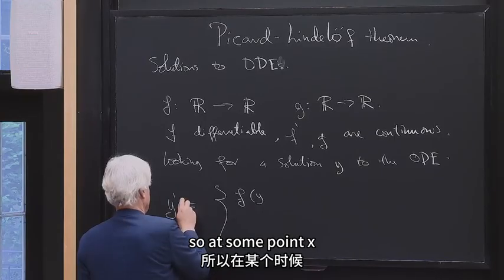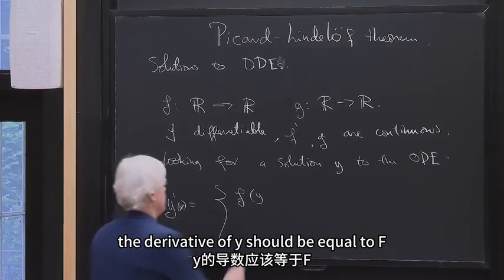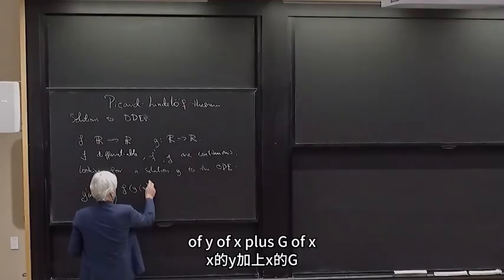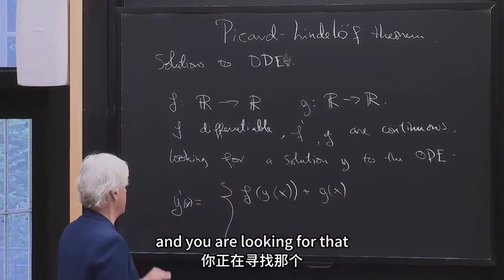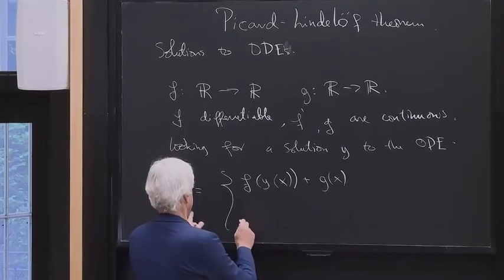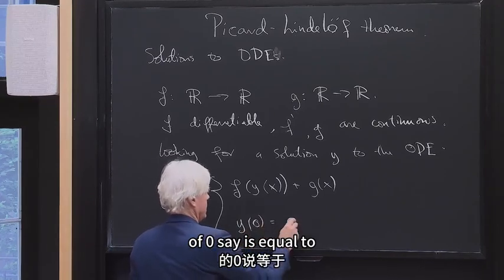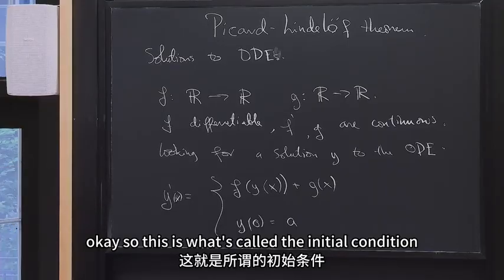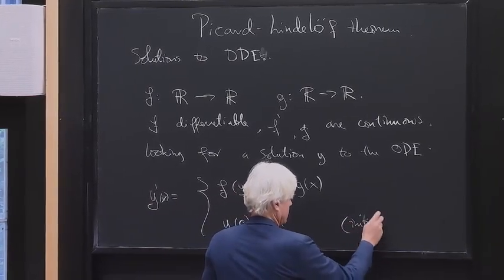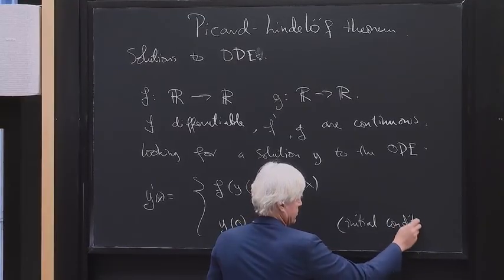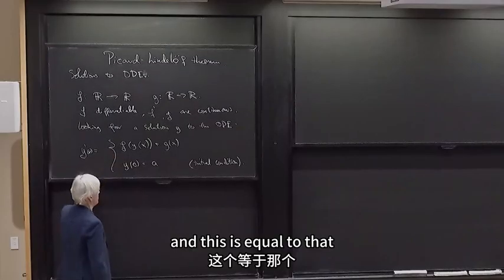So at some point x, the derivative of y should be equal to f of y of x plus g of x. And you are looking for y of 0, say, to be equal to a. This is what's called the initial condition.